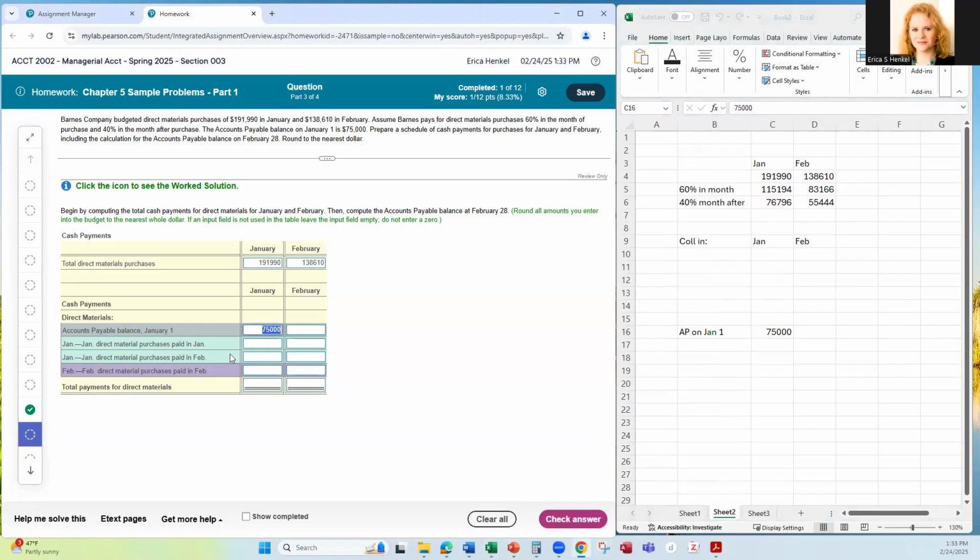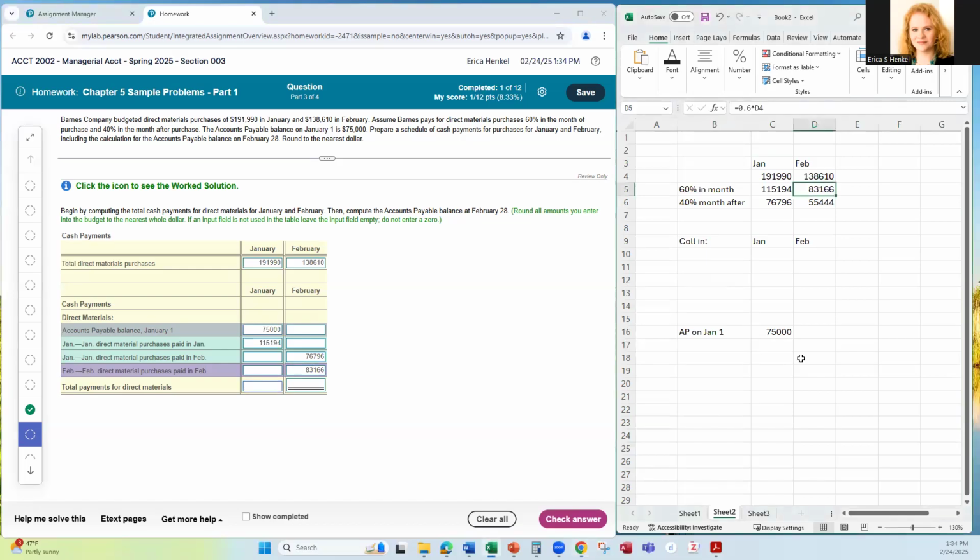And then January direct materials paid in January would be the $115,194. And then that $76,796 is getting paid in February. And then in February, we're just paying this portion of February, that 60%.